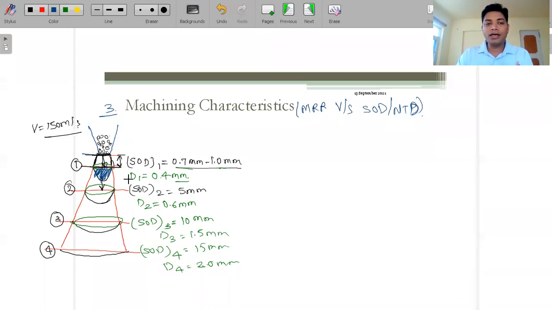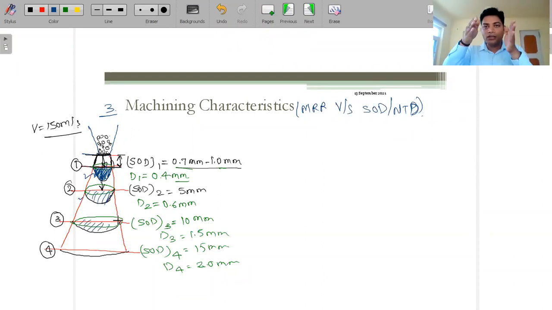We are just assuming that the volume will be equal to this one. But it's not like that. The volume is reduced; in the first case it is high. Let's suppose that if we increase the standoff distance, it will try to become higher, but as you go beyond the limit, it will become less.